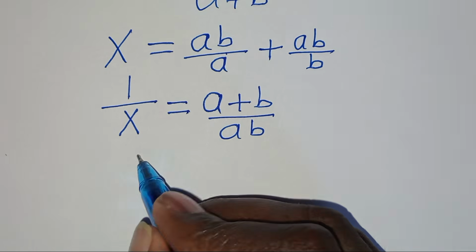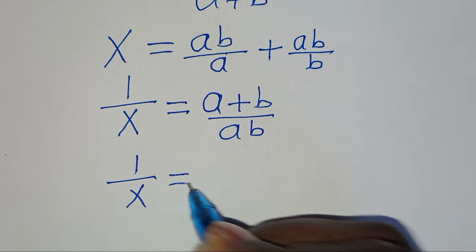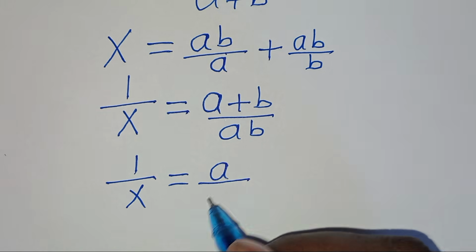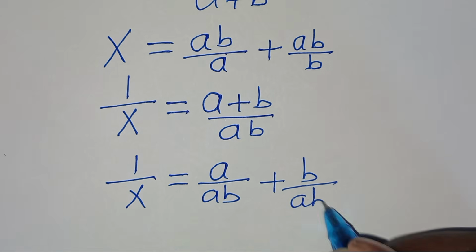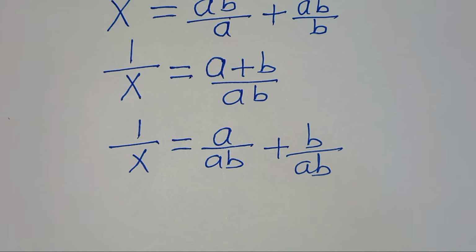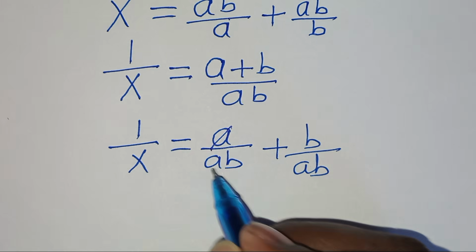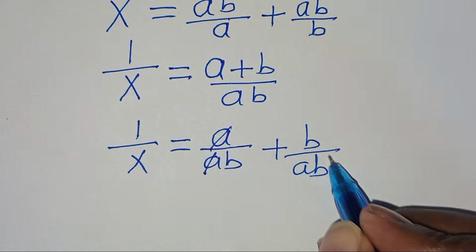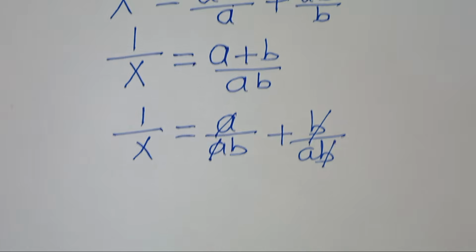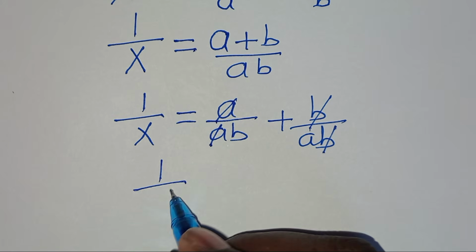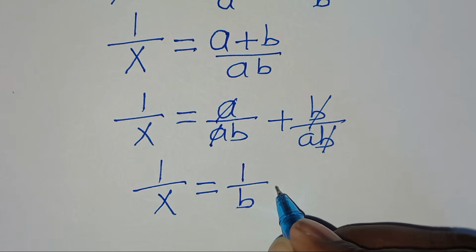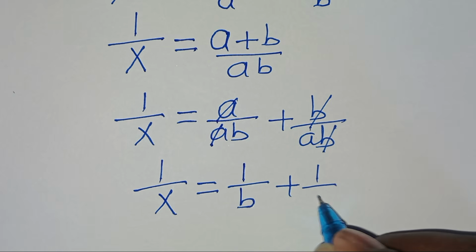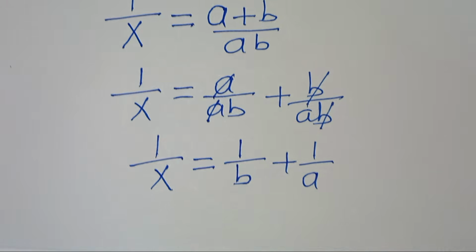So therefore we have 1 over x equal to a over ab plus b over a times b. So that now we simplify here, a and a simplify. The same case, b and b here simplify. So we have 1 over x equal to 1 over b plus 1 over a.